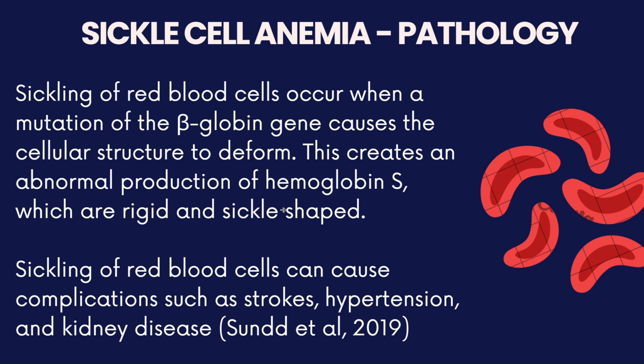Additionally, hemoglobin S tends to form a polymer, which is not an ideal structure, and also provides the rigid structure that sickle cells are known for having. So sickling of the blood cells can cause complications such as strokes, hypertension and kidney disease.